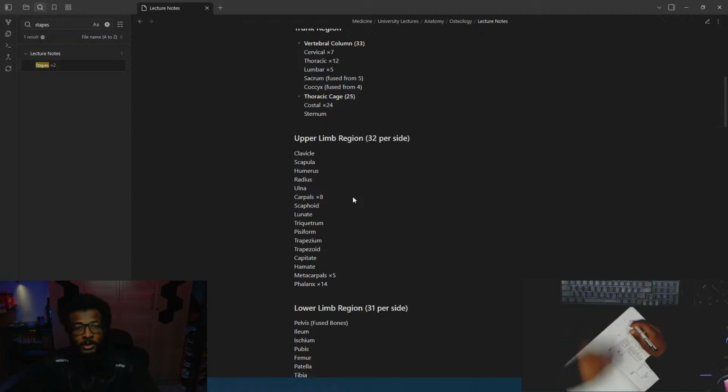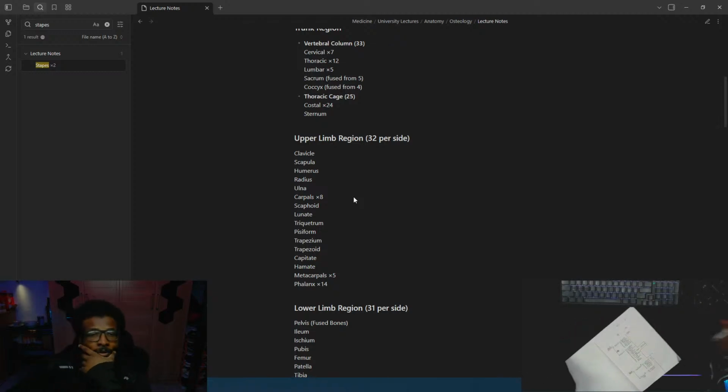The upper limb region is composed of 32 bones per side, so 64 in total.